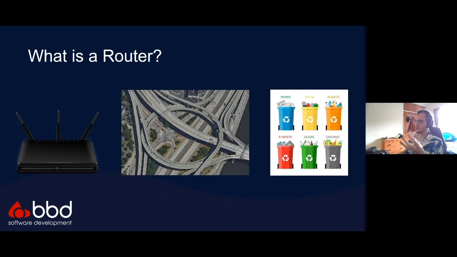And I've shown some examples here of types of routers, even though they may not be obvious. You have your traditional router, which is the device which forwards data packets. But then what about an exchange on the freeway?